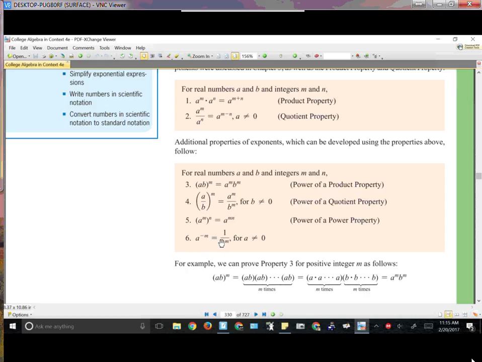I will tell you this much, what you might want to make sure that you write into that is that 1 over a to the negative m is going to be equal to a to the m. That's an addition that you might want to make sure that you have in there.